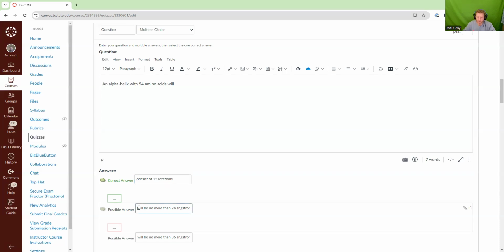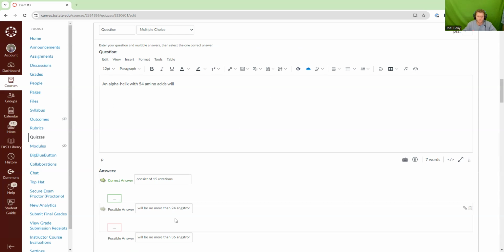Okay, but let's look at our other options. Let's think about the height of it, just so I can cover all my bases and make sure there's not going to be any confusion about this question. If an alpha helix has 15 rotations, and each rotation is 5.4 angstroms, the calculation is 15 times 5.4, which is 81.